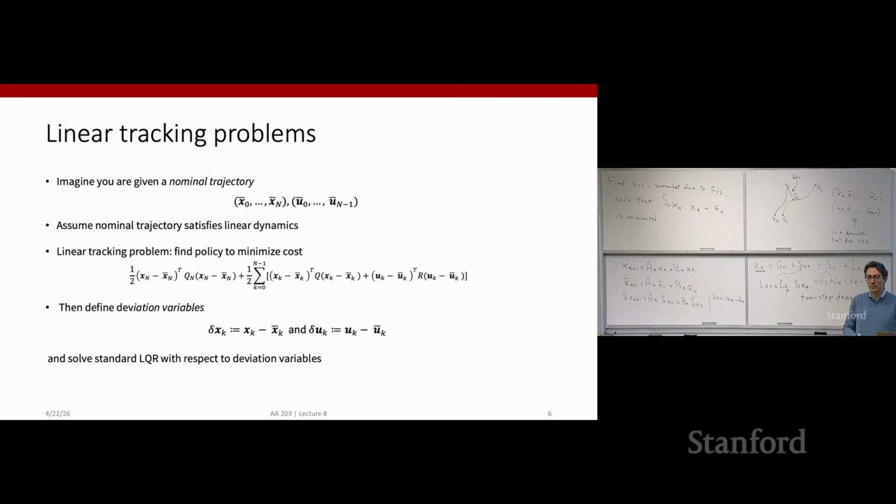Just a clarifying question. So we get the bars from, let's say, we did open loop control or something like that. And then you reformulate it by getting the delta, where I guess I'm a little bit confused, when you got the delta of the U_K, now you know U_K and you know the bars. No, you don't know U_K. This is just a definition of change of variable. This you know.